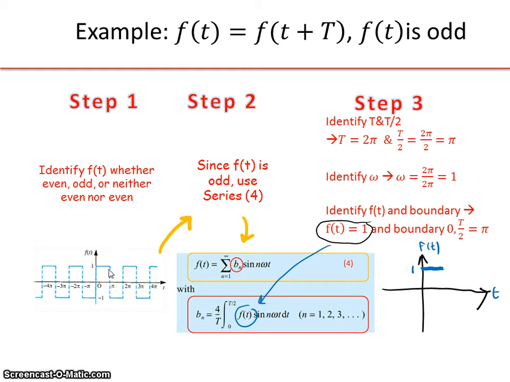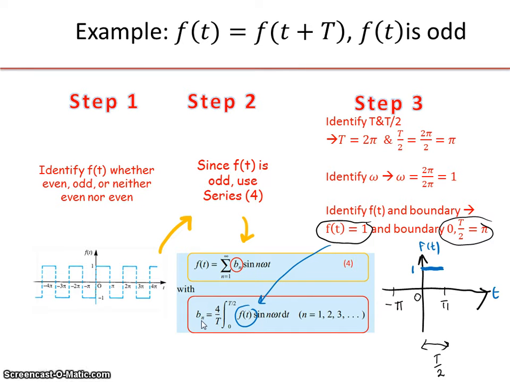Okay, and then this is the output where we can see that the boundary is from 0 to pi, from here to here. So this is the only f(t) that we will use for the integral in order to find the Bn.